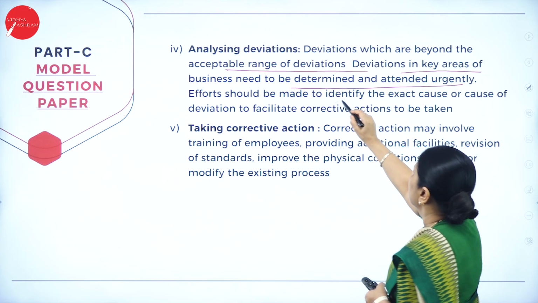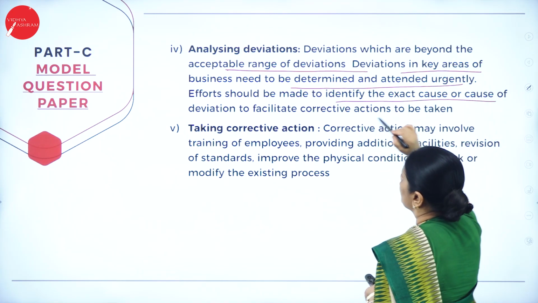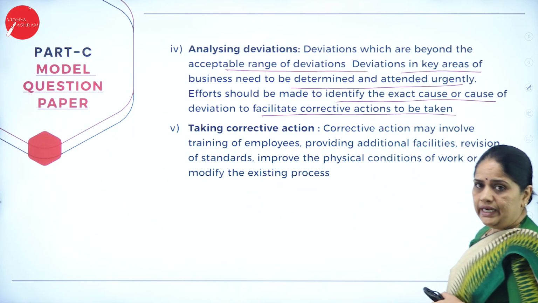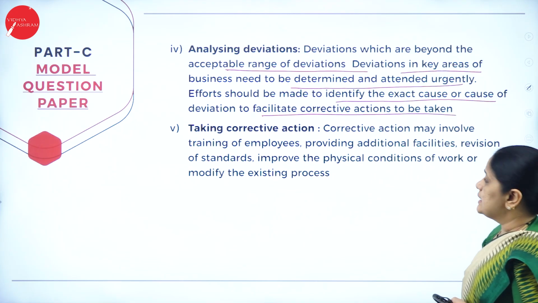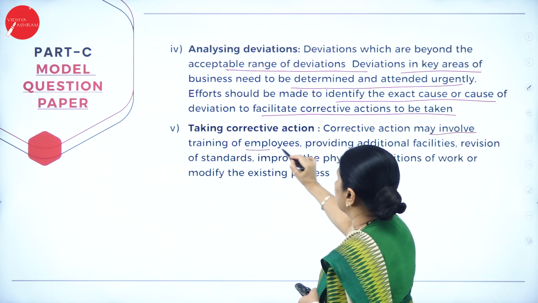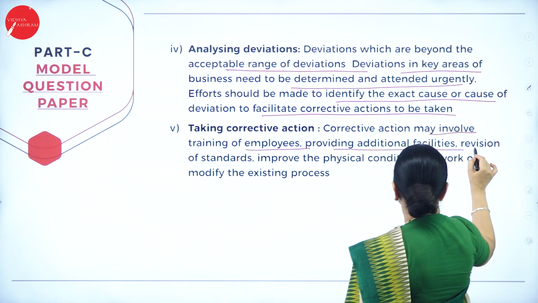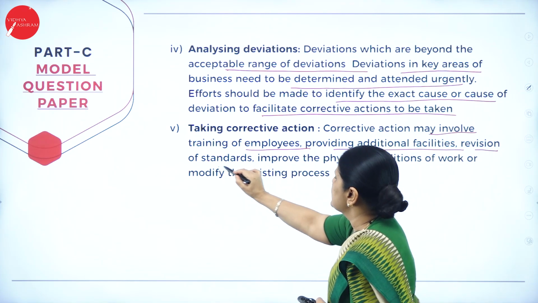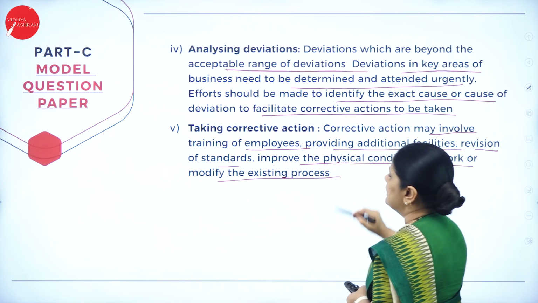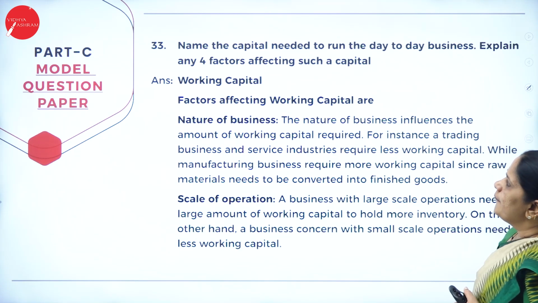Effort should be made to identify the exact cause of deviation to facilitate corrective actions to be taken. And the last step is taking corrective action. Corrective action may involve training of employees, providing additional facilities, revision of standards, improving the physical conditions of work, or modifying the existing process.